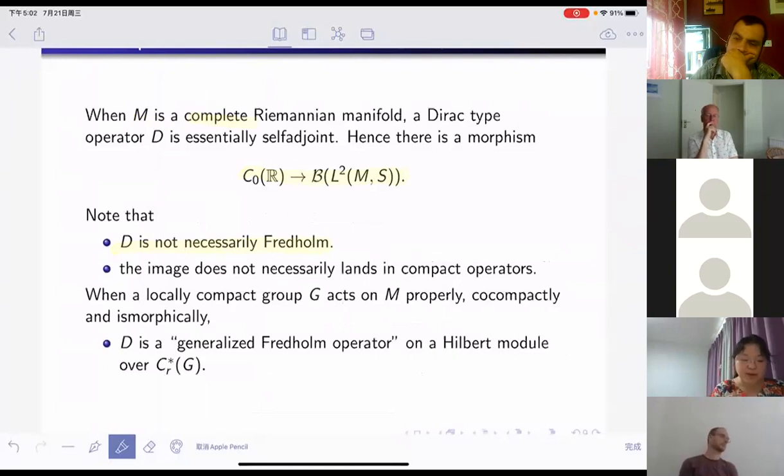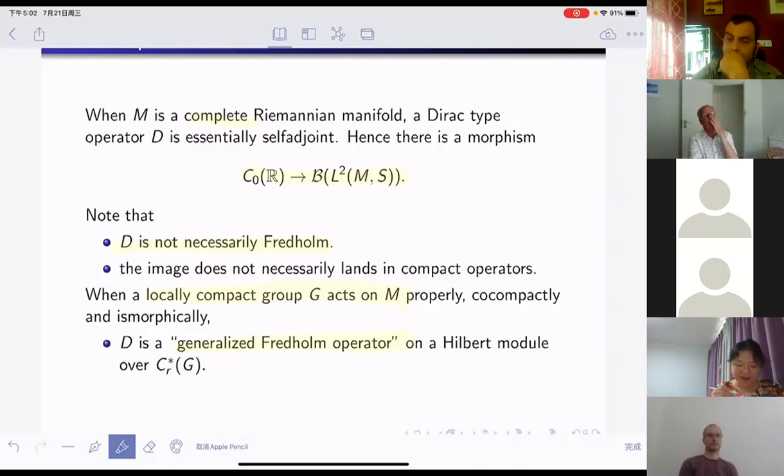However, when we have a locally compact group acting on this manifold nicely, under some condition, proper and cocompact, one can show that we can still have a generalized Fredholm operator on some Hilbert module over some algebra.